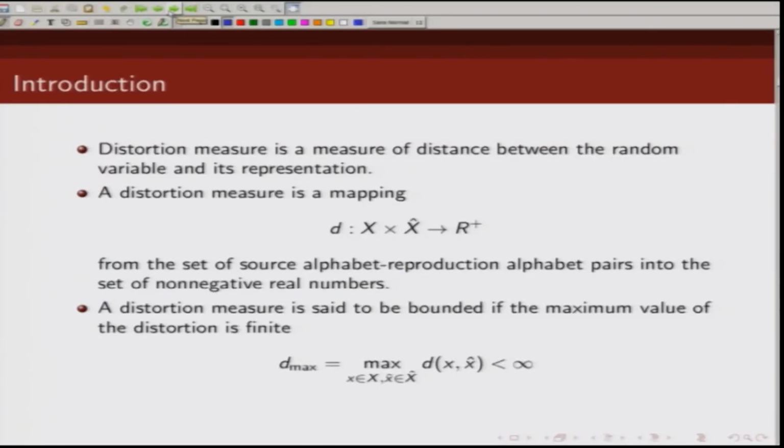We say a distortion measure is bounded if the maximum value of distortion is finite. So, if we define the maximum value of distortion as the maximum value of distance between the random variable and its representation, and this is bounded, then we say the distortion measure is bounded.